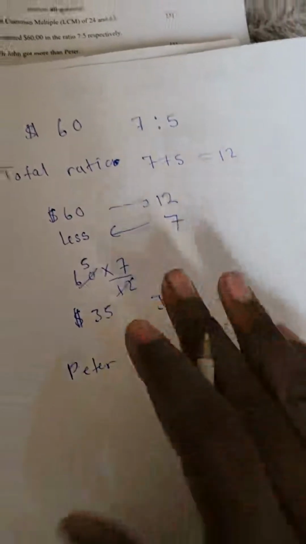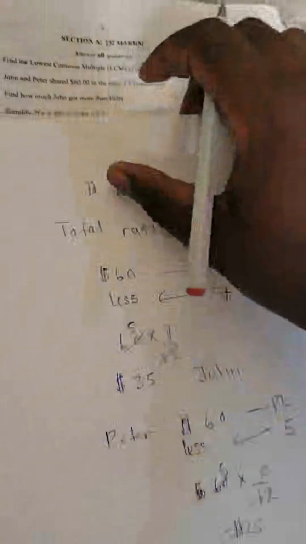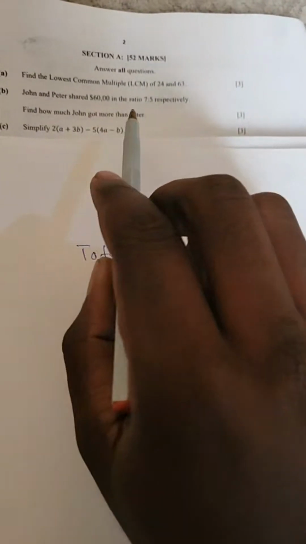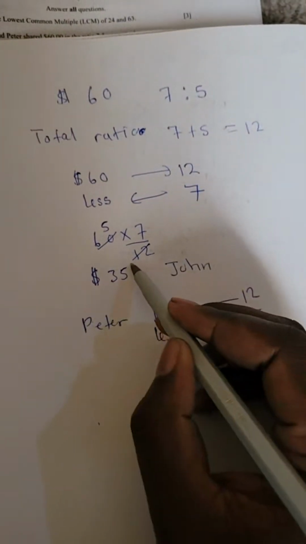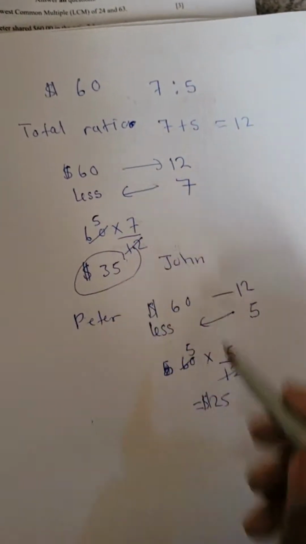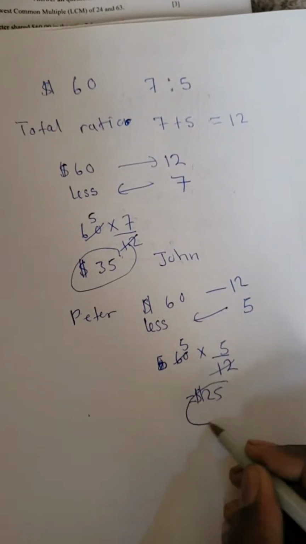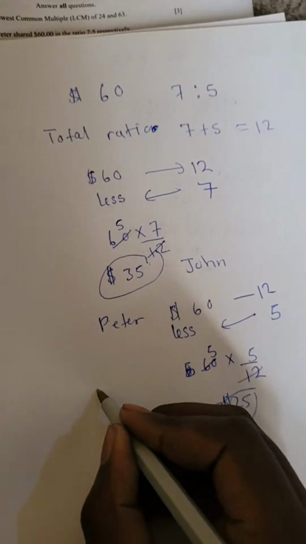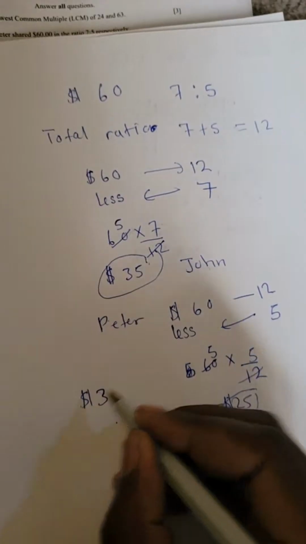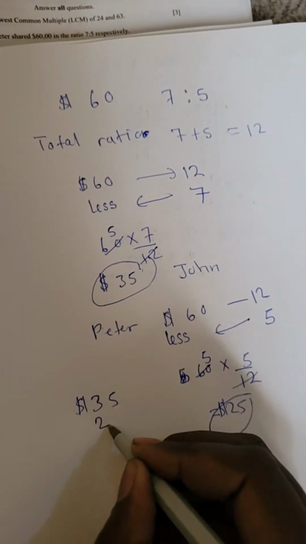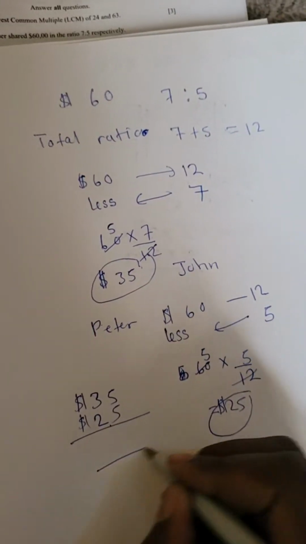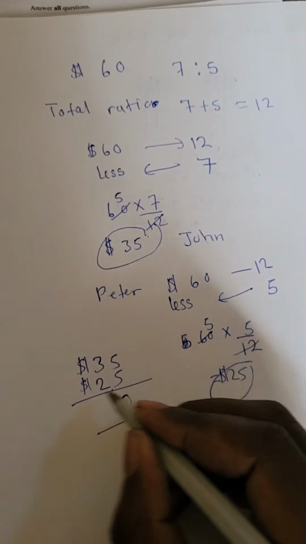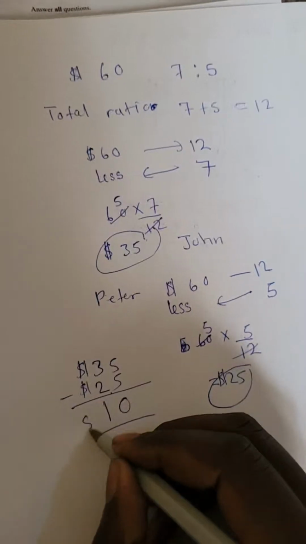And our question is saying, find how much more John got than Peter. So we're going to subtract the total amount Peter received from the total amount John received. So we're going to say $35 minus $25 to get $10.